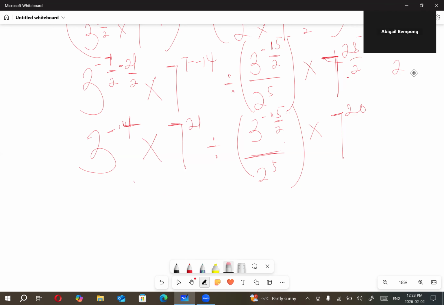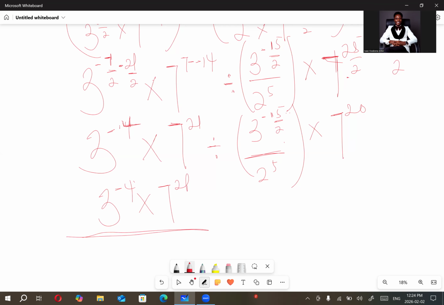Shouldn't we try and send the division sign first? This thing, if you're not careful, you will not express it properly. All of this means divided by 3 exponent negative 15 over 2.